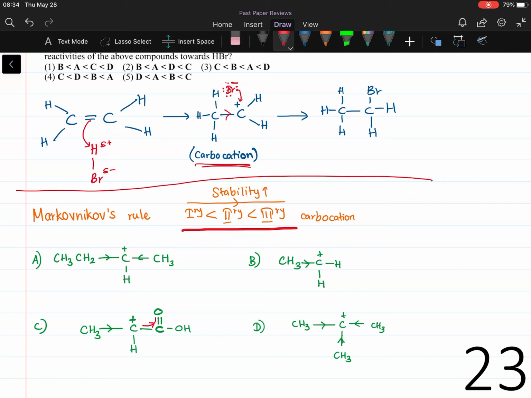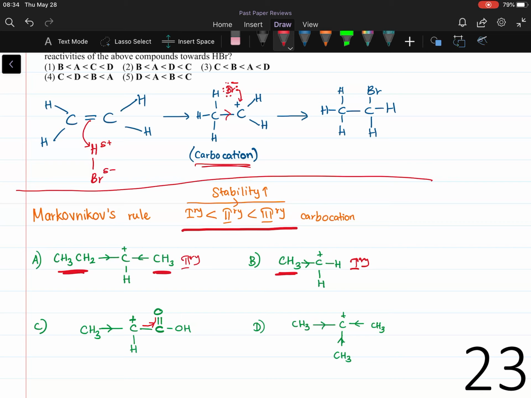Therefore, the stability increases in the same order. Now we move on to our A molecule. It has 2 R groups attached to it. Therefore, it's a secondary carbocation. When we go to B, it is a primary carbocation because it only has 1 R group attached to it.